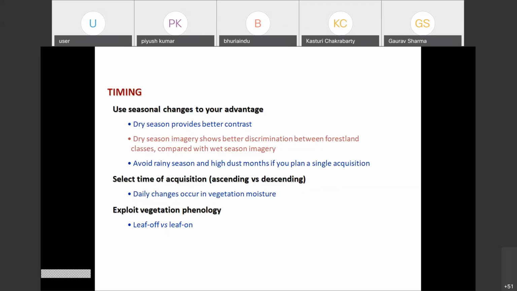So that's why we should be very, very careful in selecting the timing of the data that we select.